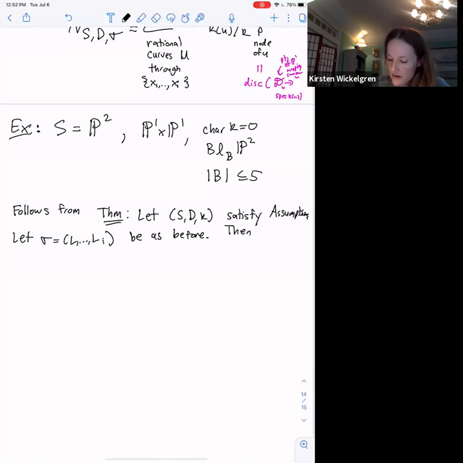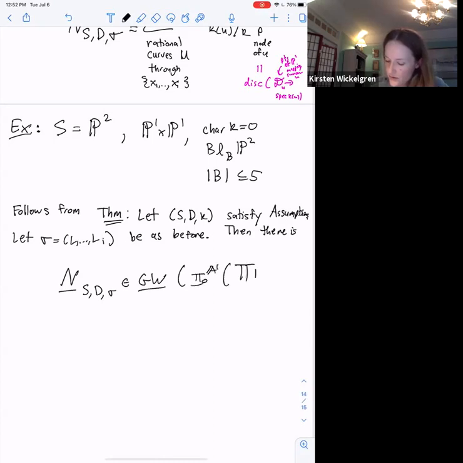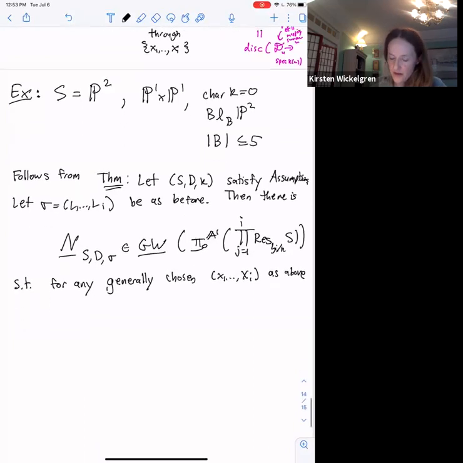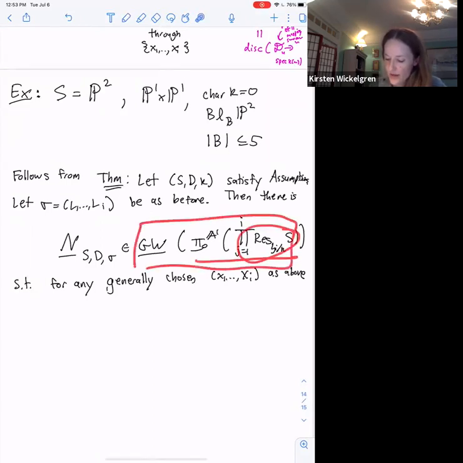Then there is a section, we'll call it S D sigma, in GW of pi naught of the restriction of scalars of L_j over k, for j equals 1 to I, such that for any generally chosen x1 through xi as above, that gives us a point here, which lets us pull back this.